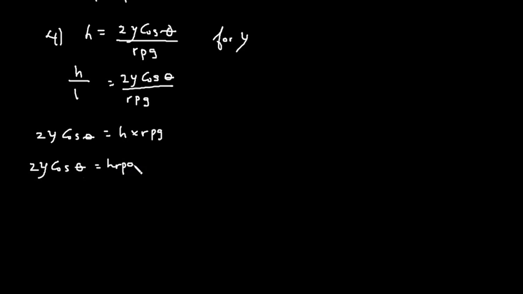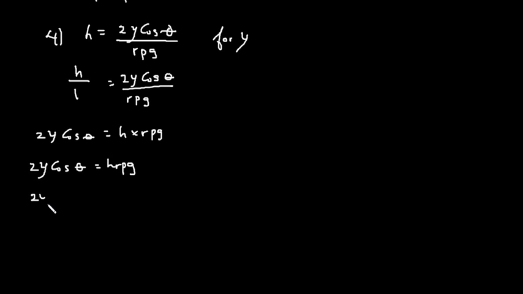So here we have 2 gamma cos theta is equal to h r rho g. We would like to make gamma the subject of the formula. So we see that the number 2, cos and theta are multiplied by gamma. Again, what we do on the left, we do on the right. So in order for us to get rid of the 2 cos theta, we divide by 2 cos theta on both sides of the equation.